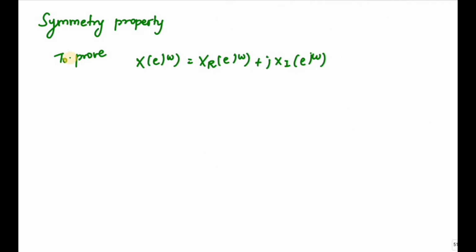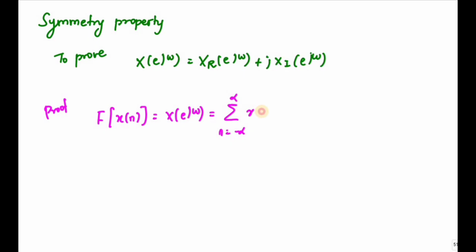So the next one is the symmetry property. We have to prove X of e power j omega is equal to XR of e power j omega plus j into XI of e power j omega. So the proof: Fourier transform of x of n is X of e power j omega. The formula is summation n equal to minus infinity to infinity x of n e power minus j omega n.